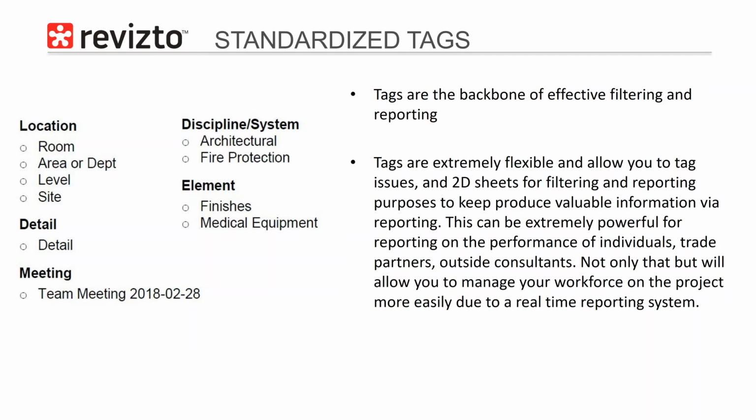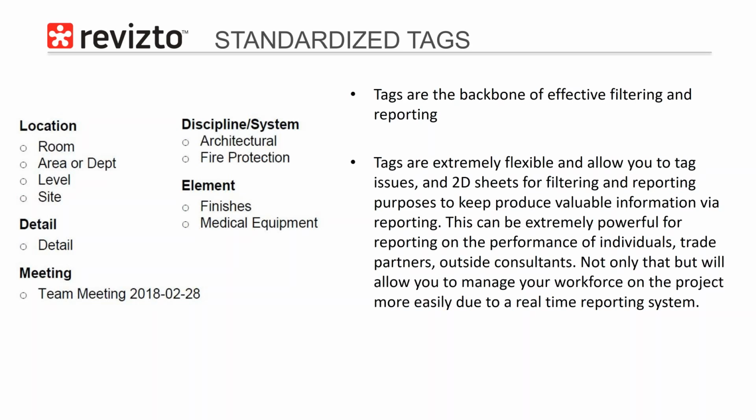The other thing that I really promote when I'm talking about implementation with clients is standardized tags. Tags are a very flexible component of our system. This is what enables you to go through your 2D sheets, go through your issues, and tag those with specific things like: what area do they belong in?